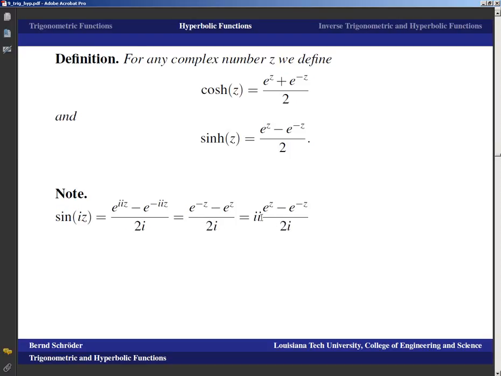Well, pull a negative sign out and realize that a negative sign is i times i, and then cancel one of the i's, and you realize that sine of iz is i times the hyperbolic sine of z, or sinh, as people sometimes also call this function. And the cosine of iz, same computation, actually a little simpler, turns out to be the hyperbolic cosine of z, and that thing is also often called cosh.